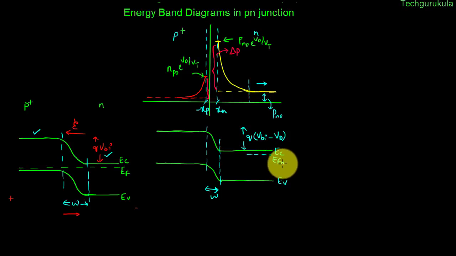This is EFN. And similarly on P side, deep into the P side, the carrier concentrations would be equal to the thermal equilibrium concentrations. As a result, we can say the Fermi energy level can be represented as if it was in equilibrium.